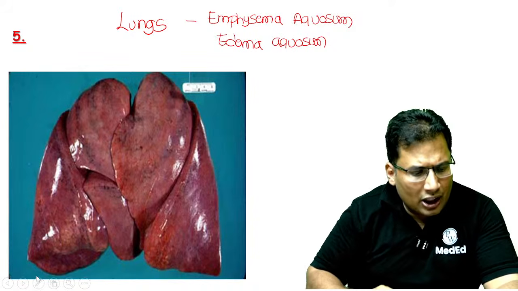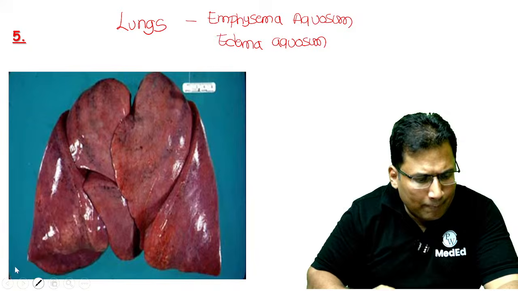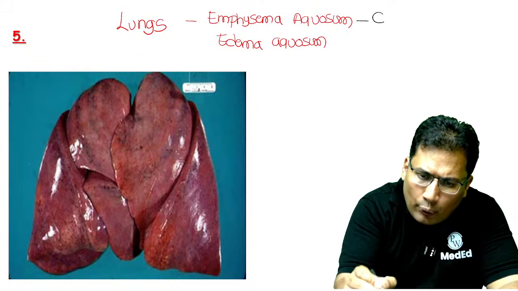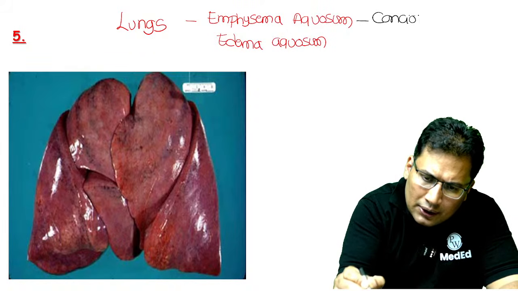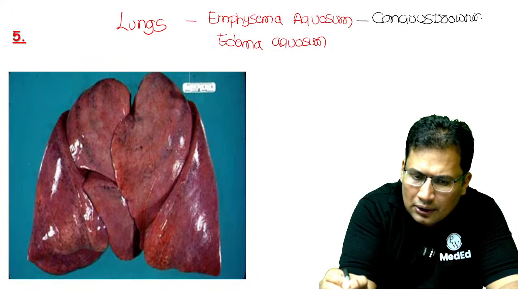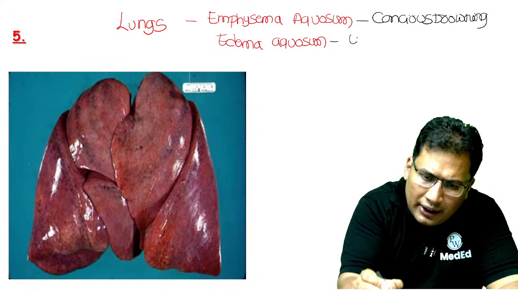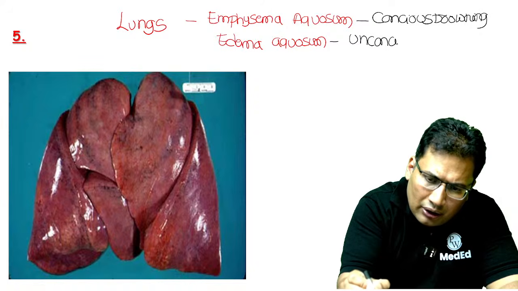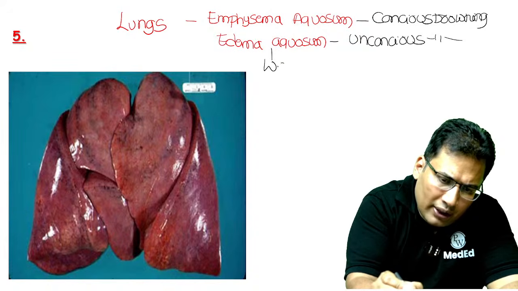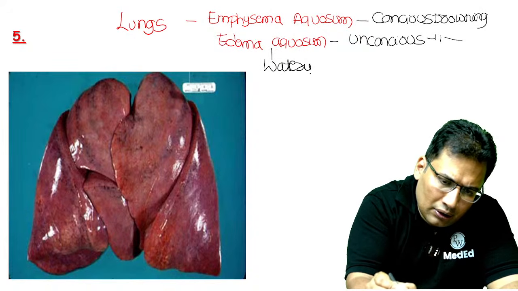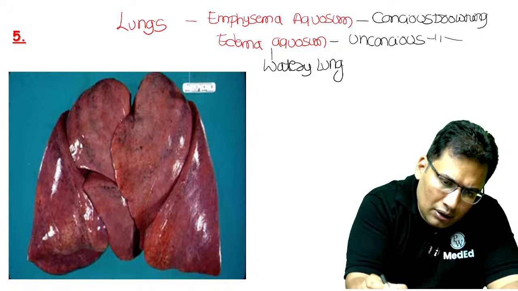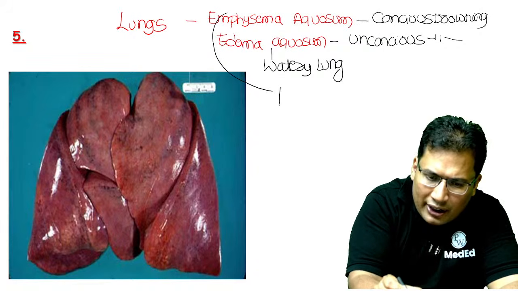So emphysema aquosum is commonly seen in conscious drowning. Edema aquosum in case of unconscious drowning. Edema aquosum is also known as watery lung. Emphysema aquosum is known as frothy lung.